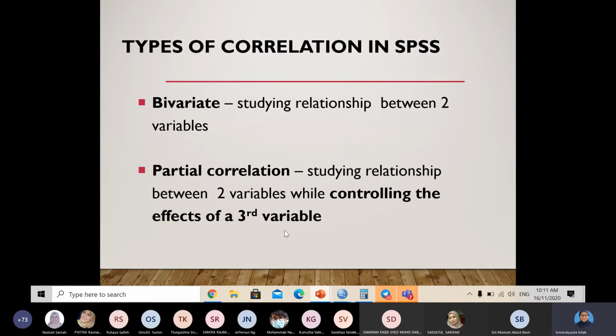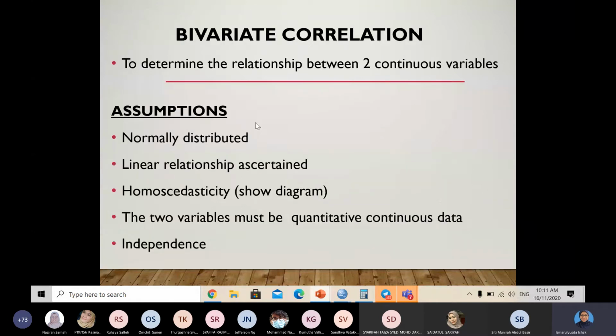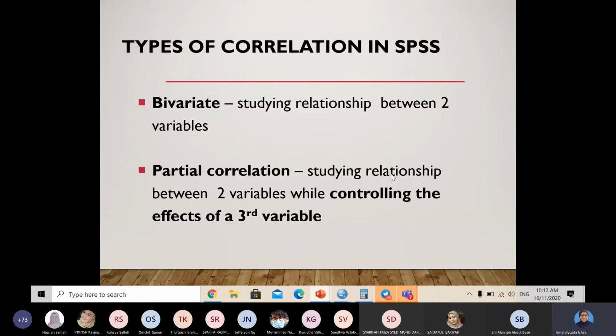So bivariate correlation is between two continuous variables. Okay, these are all the assumptions. It should be normally distributed, linear relationship ascertained, homoscedasticity, and two variables must be quantitative continuous data, and independence. Okay.